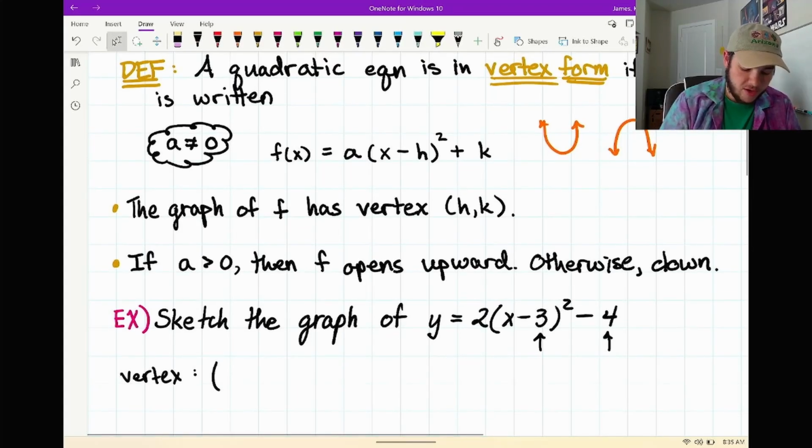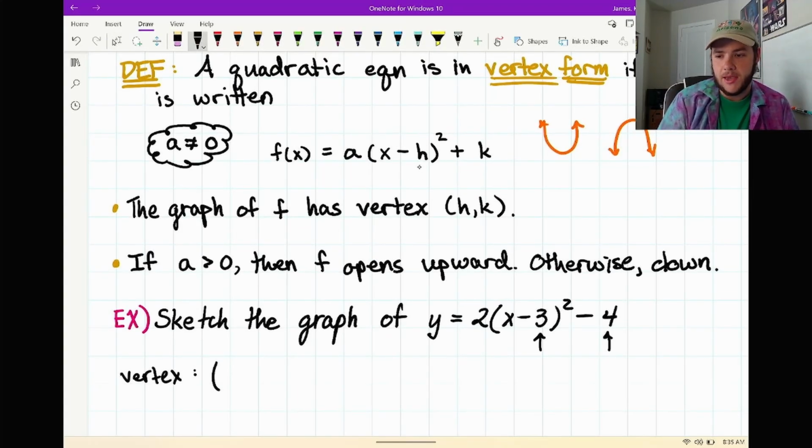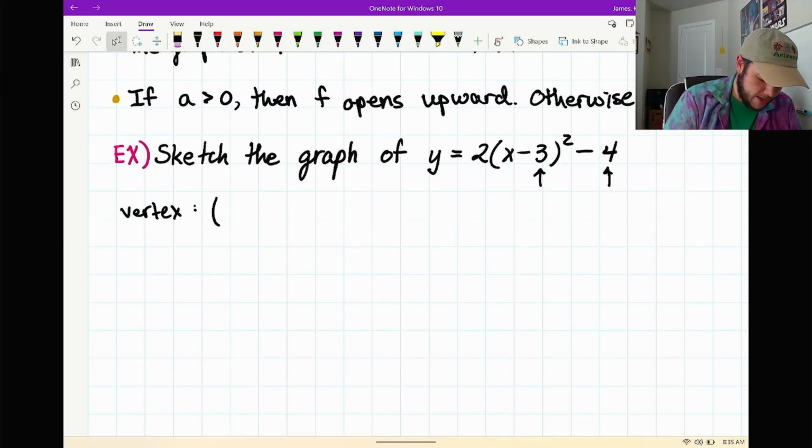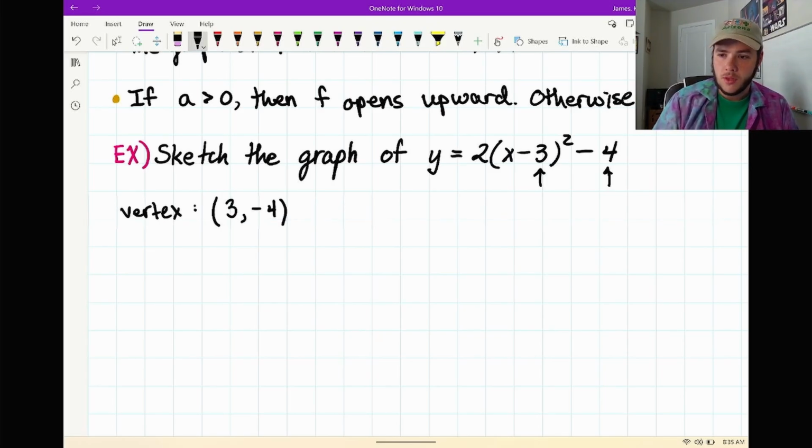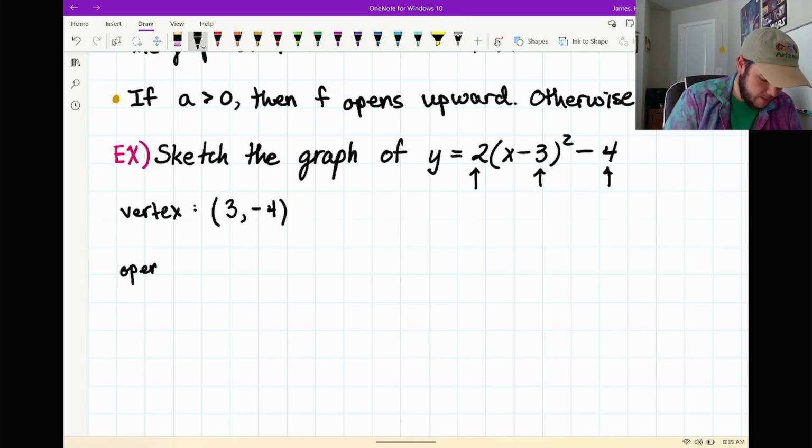Notice in my formula, h has a minus sign, so I need to change the sign on h, but not on k. I've got a plus sign. So I get positive 3, comma, negative 4 for the vertex. Also notice that a is positive, so it opens up.